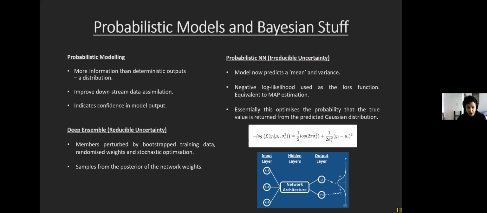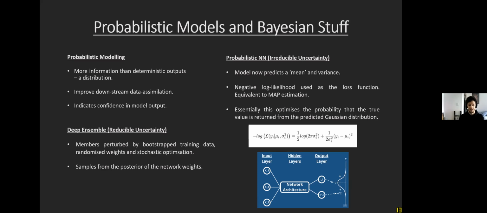One of the additional things that we're trying to do here is to do it probabilistically. So rather than just having our neural network output a single value, we want it to give us a distribution. This is useful because, one, a distribution just has more information. It's not just a point value sample from that distribution.